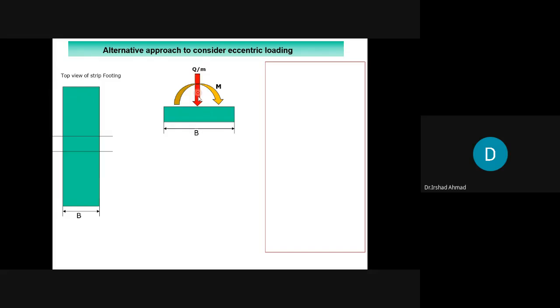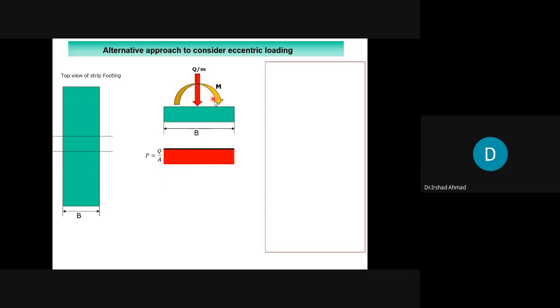The stress in the soil due to axial load will be uniform. Q axial would be equal to Q divided by A, the area of the foundation. But if you take per meter run, A would be equal to B into 1. So Q axial would be equal to Q divided by B.